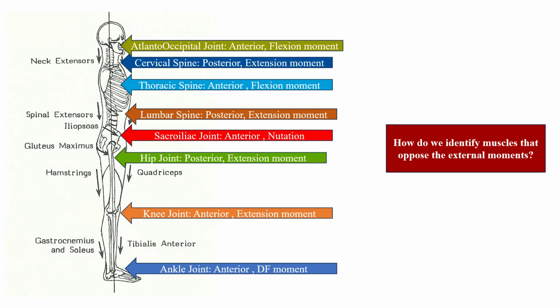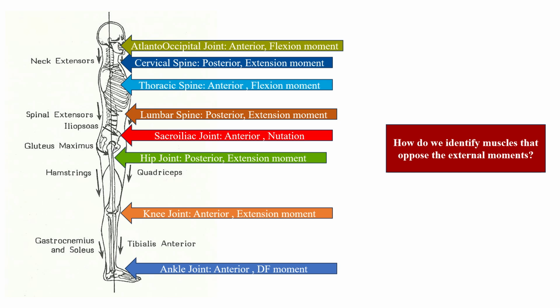How do we identify which external moments are occurring and which muscles counterbalance those external moments by generating internal moments? If you look at the ankle joint, the line of gravity goes anterior to the ankle joint. Because of this anterior position of the line of gravity, a dorsiflexion moment is created there, and that needs to be counterbalanced by your gastrocnemius and soleus, which are the plantar flexors.